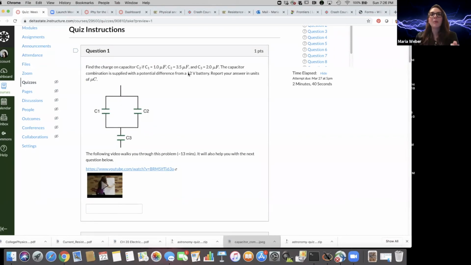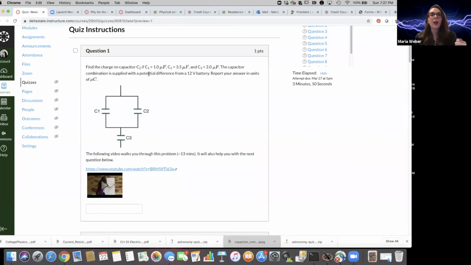So this first problem is about a circuit composed of 3 capacitors. 2 of them are in parallel, and those 2 in parallel are in series with the third one here. And here is a video where I work through how to solve a problem very similar to this. You'll watch that video and then work through it and then put your answer right here.